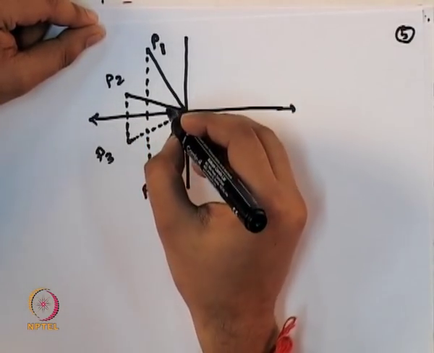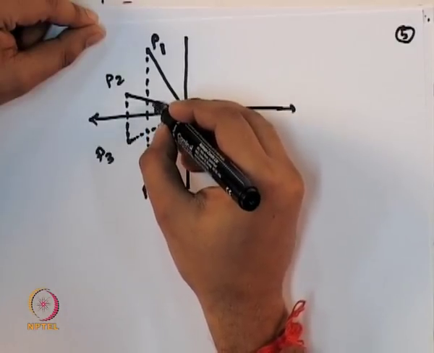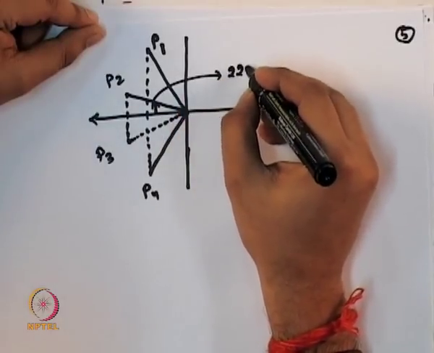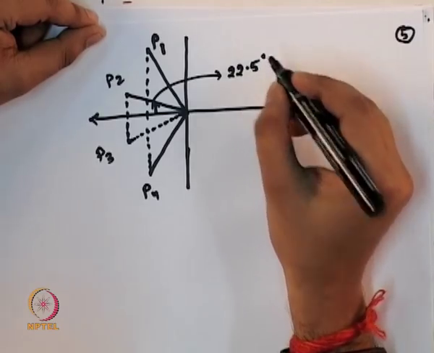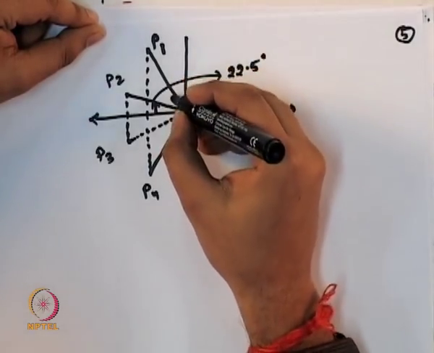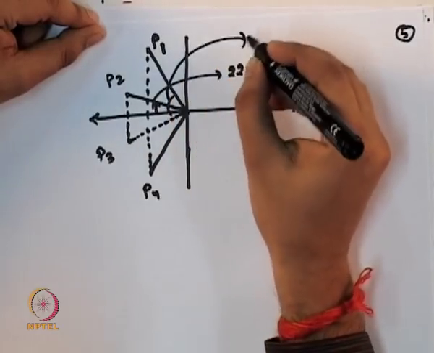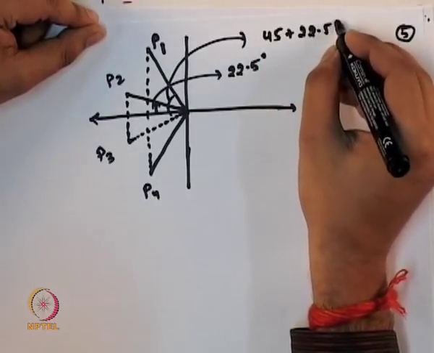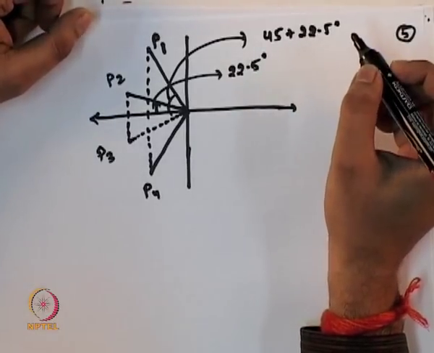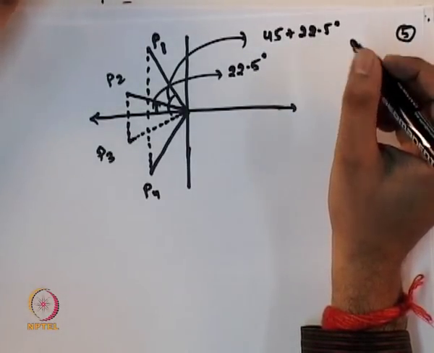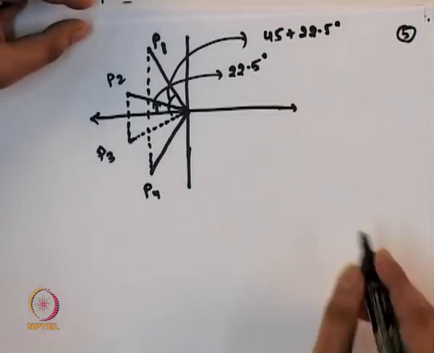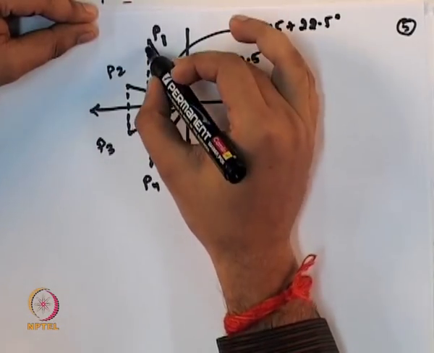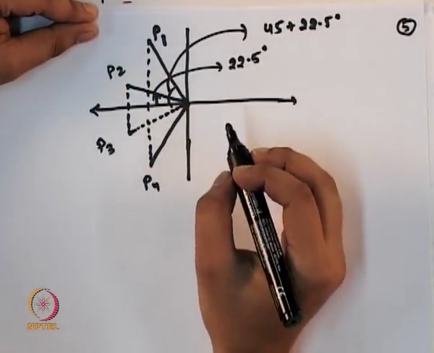So from the negative x axis, this will be half of pi by 4, that is 22.5 degrees, and this will be 45 plus 22.5 degrees. These angles are from the negative x axis.